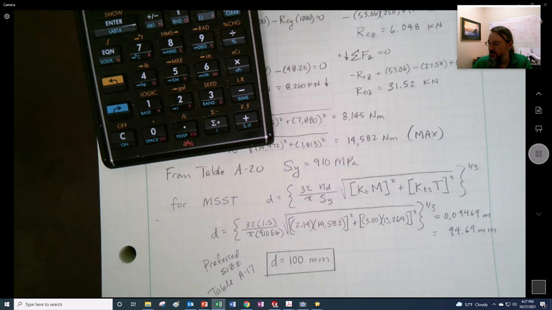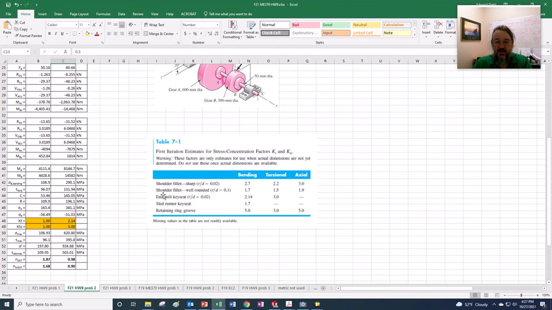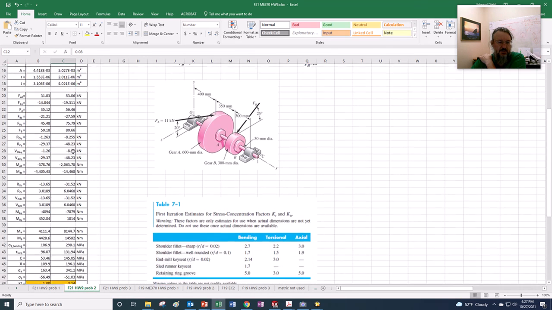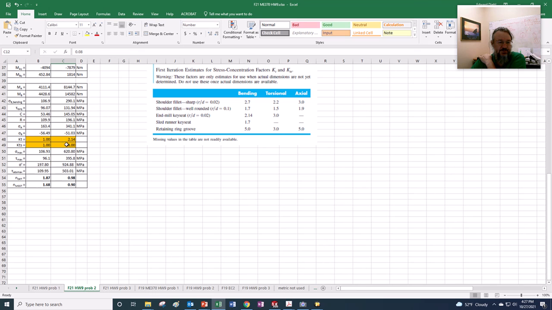But here it is as a spreadsheet, from a previous year, with all these different values. Right here is the diameter of 80 millimeters, so 0.08 meters. Here are my stress concentrations, 0.98 and 0.9, in maximum shear stress theory.